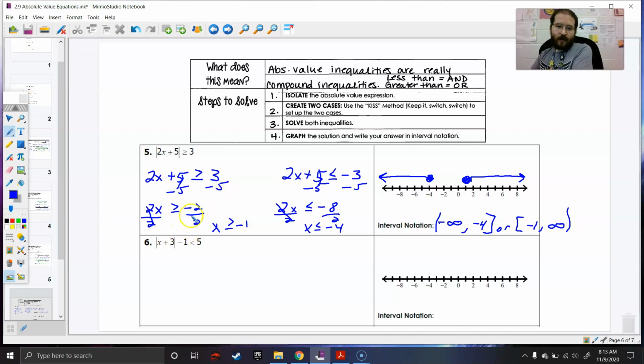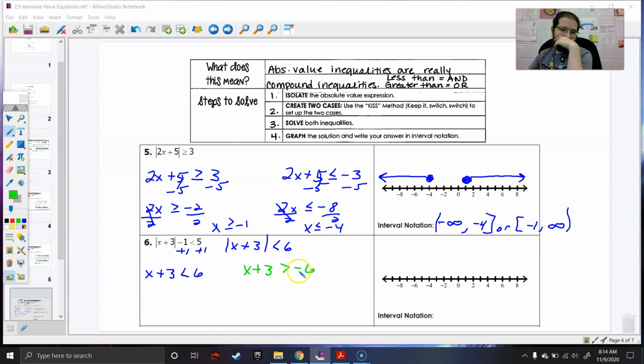All right, last one. First thing we got to do, we got to isolate our absolute variable. So we're going to add 1 to each side. So our absolute value is x plus 3, and then we have less than 6. So our first case, x plus 3 is less than 6. Second case is going to be x plus 3 is going to be greater than negative 6.